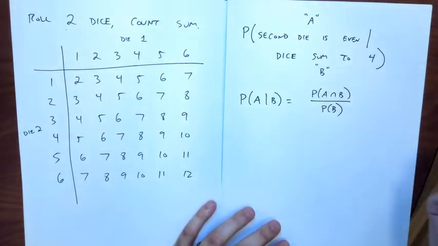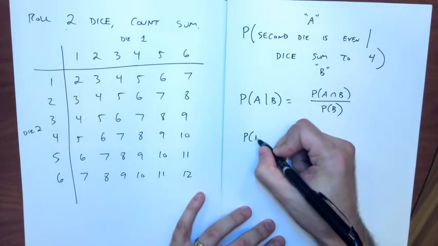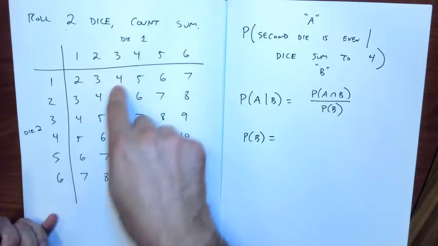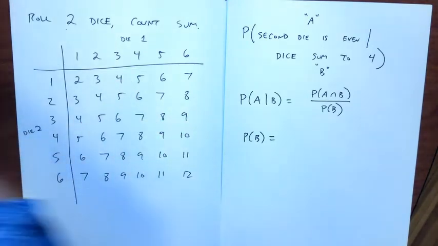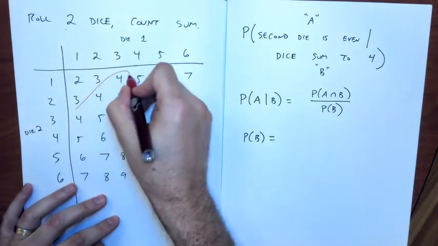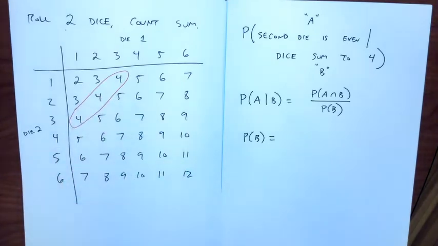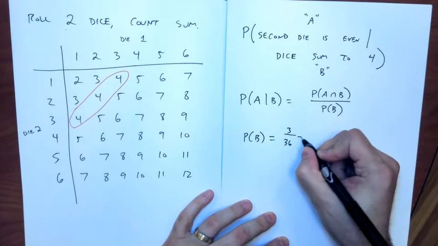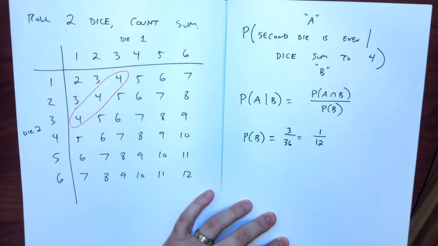Okay? So let's think about it. The probability that the dice sum to 4 is, well, we have the number of good outcomes. We have 3 good outcomes, right? If I circle those here. So that's going to be 3 over the 36 total outcomes, which is 1/12.